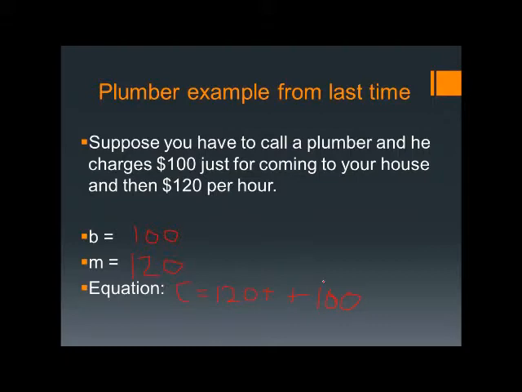Oh, I'll switch over to the tablet here before too long and use that for the writing, because using the mouse is plainly not so good. Anyway, the equation comes out C, for cost in this case instead of y, equals 120, because that was our rate of change, which is our slope, times time, T in this case instead of x, plus our initial cost, which was 100. That's why that works.